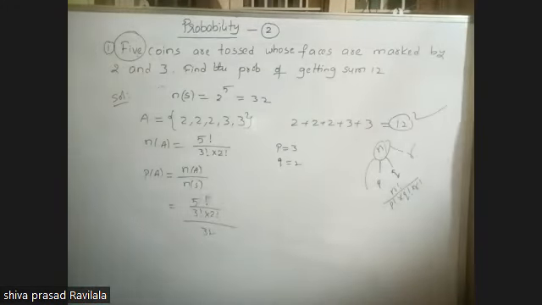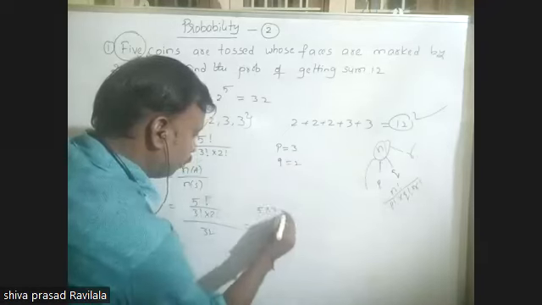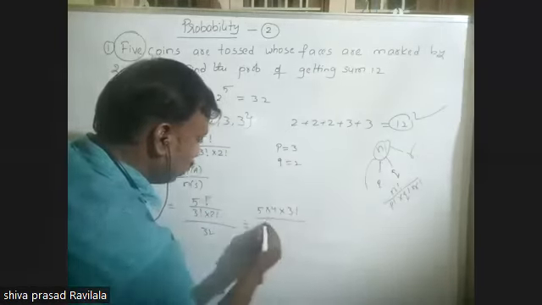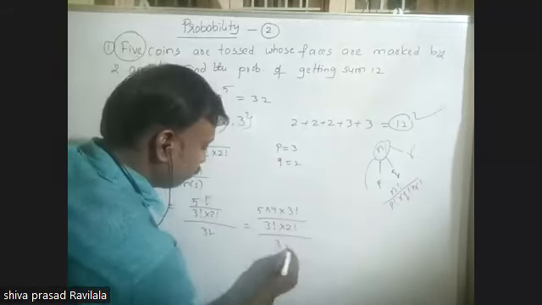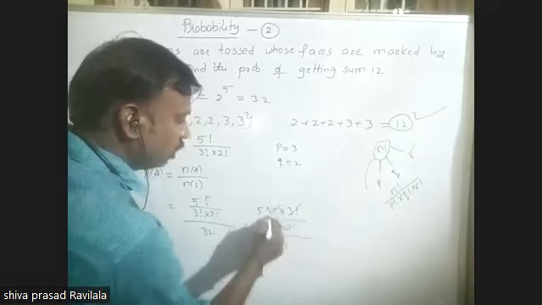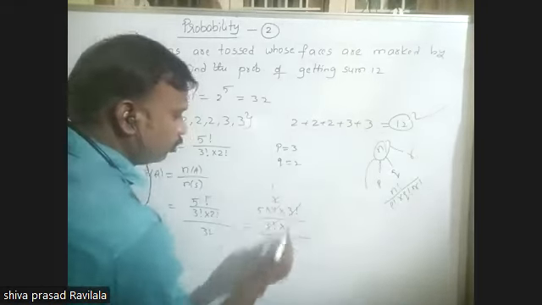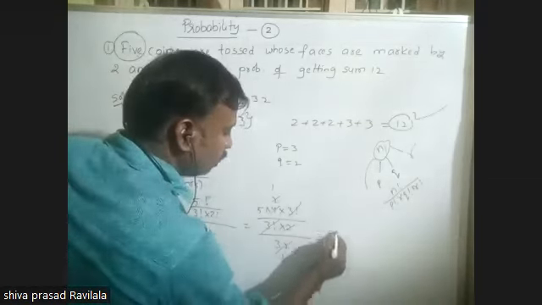Check the calculation, everyone. This 3 factorial cancels. 2 factorial means 2 only. Simplifying, it is equal to 5 by 16.